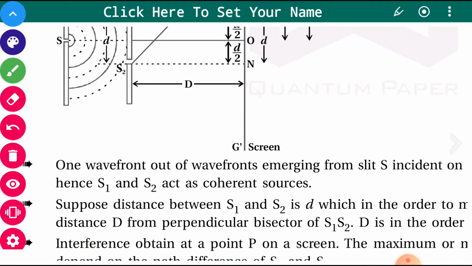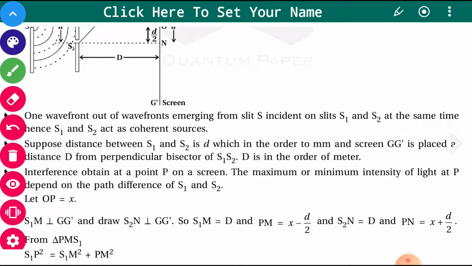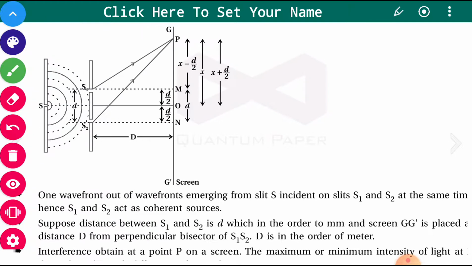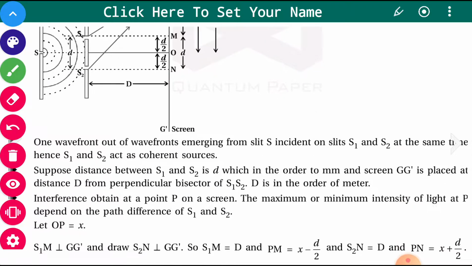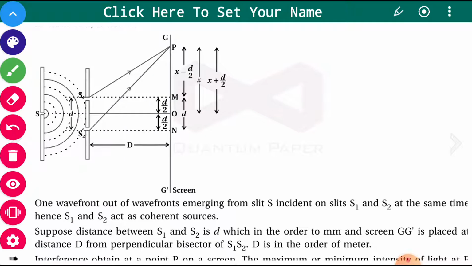Here G prime is the screen. So we are interested in the interference which is produced at point P. P is the point which is situated at distance x from the midpoint of the screen, or we can say OP, this distance O to P is x.